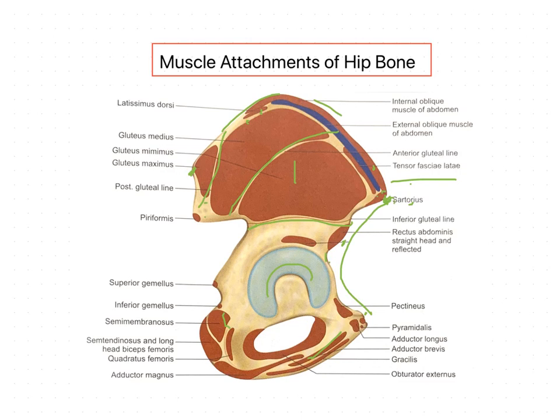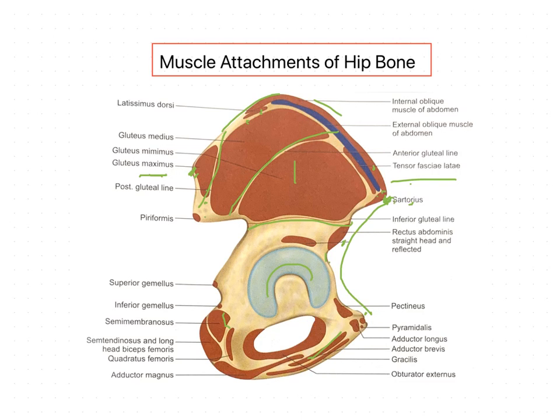Behind the posterior gluteal line is gluteus maximus. Though the name is maximus, here the attachment on the hip bone is very small. This gluteus maximus has many sites of origin.